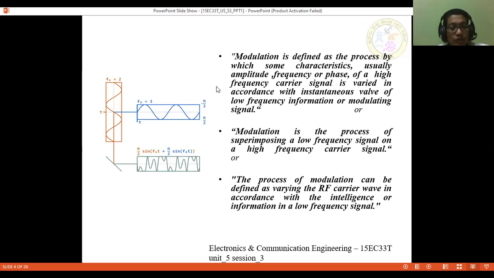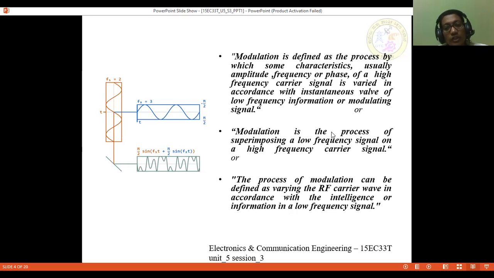By this definition, we can clearly understand that the amplitude, frequency, or phase of the carrier signal varies according to the instantaneous values of the low frequency message signal. Suppose this is a high frequency carrier; the output will vary like this. We will discuss this in the next sessions.